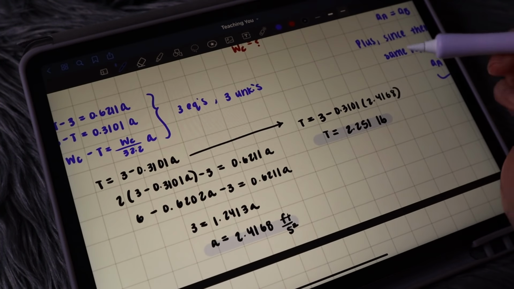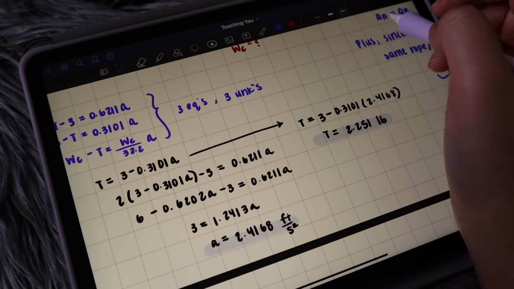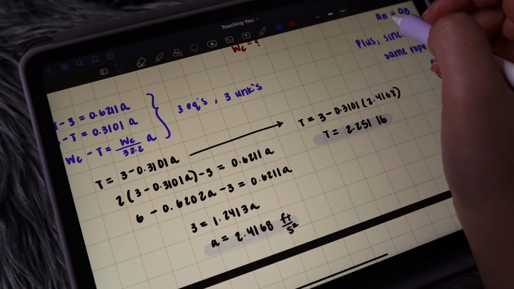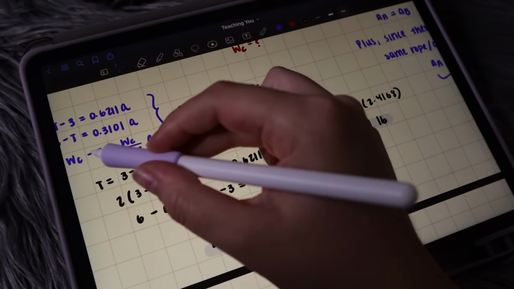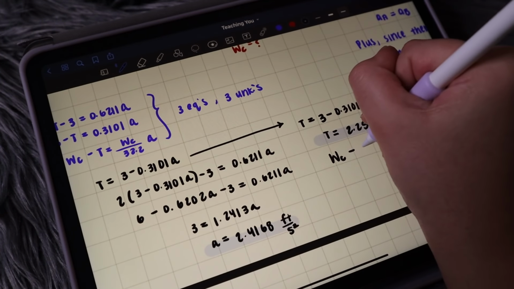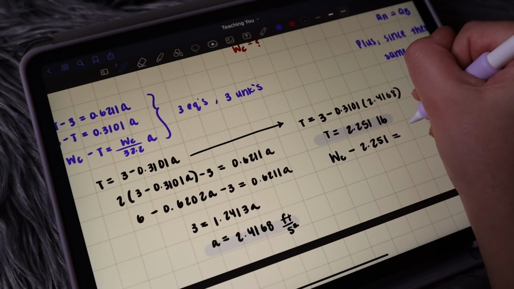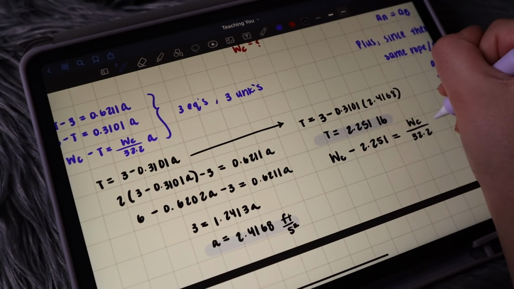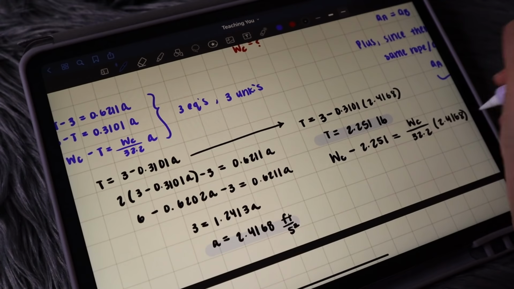This is the acceleration. And now we're going to find the weight of C so that B does not slip on A. So we can go ahead and plug back in this last equation. So WC minus tension, which is 2.251, equals weight of C divided by 32.2 times acceleration, which is 2.4168.